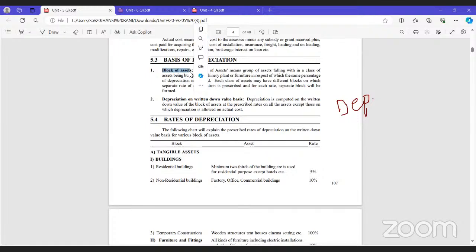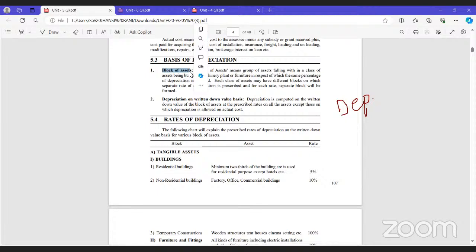For example, machinery, plant and furniture, if they all have a 10% rate, means different assets coming together, they attract the same rate of depreciation. That is called a block of assets. For example, some assets may have 10%, other assets may have 5%, some more assets will have 20%.